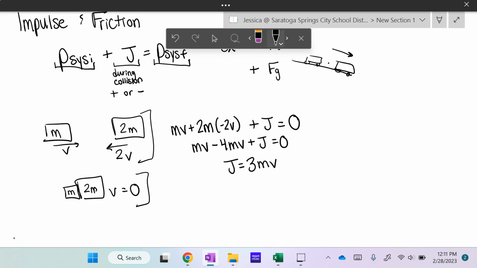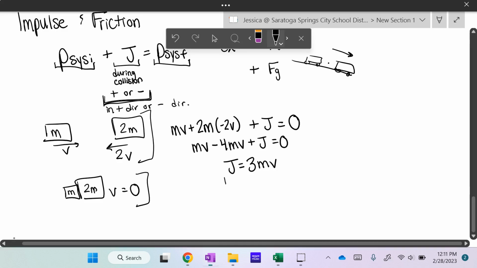And it's positive because the net force on the system is positive, meaning in the positive direction. Not that it added momentum to the system, but it was in the positive direction. So that's the trick here: this means positive direction or negative direction. Our impulse here is caused by the force of friction.